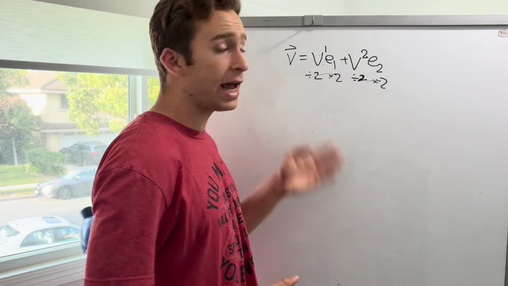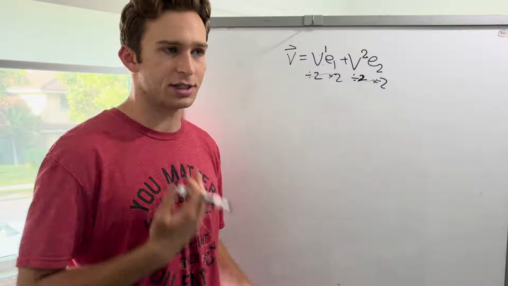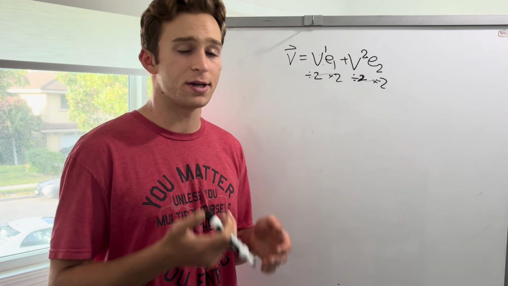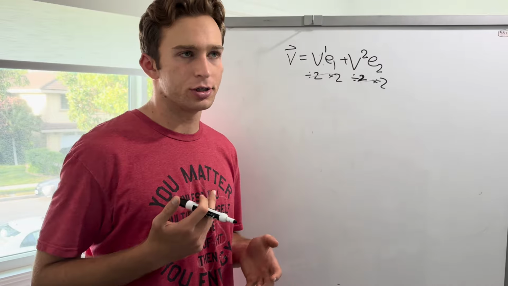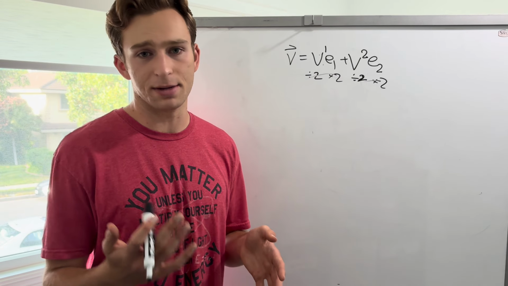And your vector length will be the same, or invariant. It doesn't vary from coordinate system to coordinate system. If you have a vector v with some length, that length isn't going to change no matter what coordinate system you go to. It's always going to have the same length.